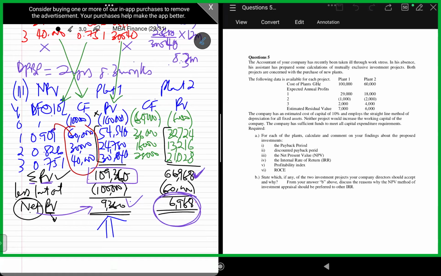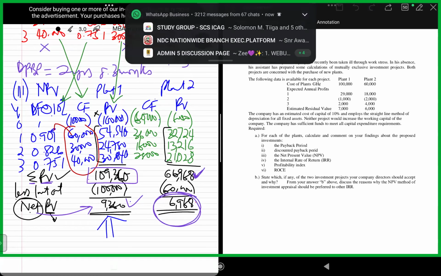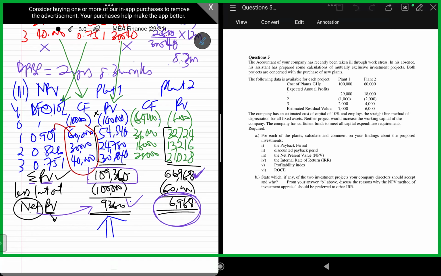So when we use multiple capital budgeting methods, the one which is mostly deemed to be a determinant of the acceptability of a project is the NPV. Are you getting it? The NPV tells whether the business is going to be profitable or not.